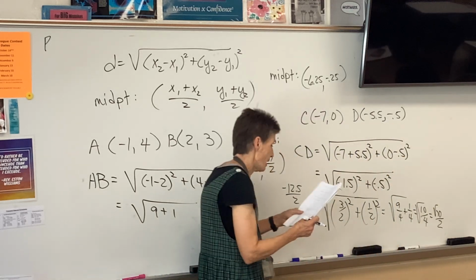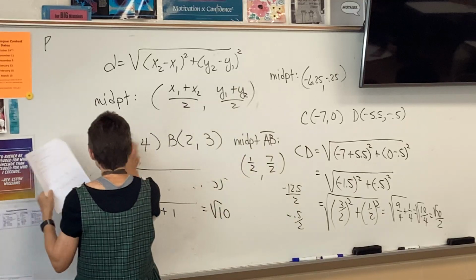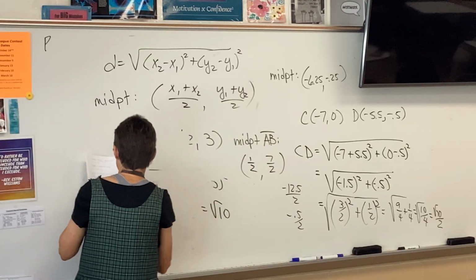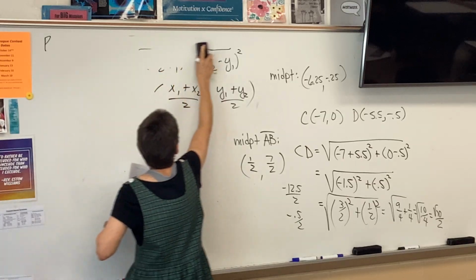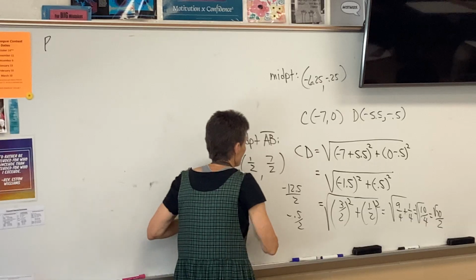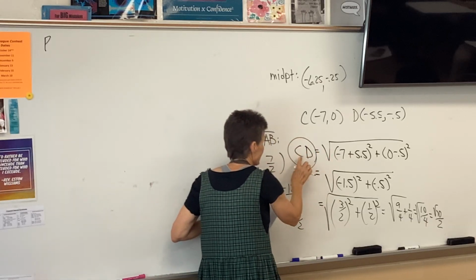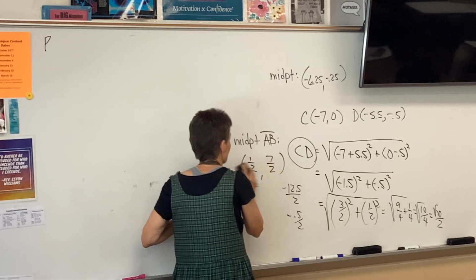All right, number 9. Find A. By the way, this notation right here, when you just see CD with nothing around it, that means distance.